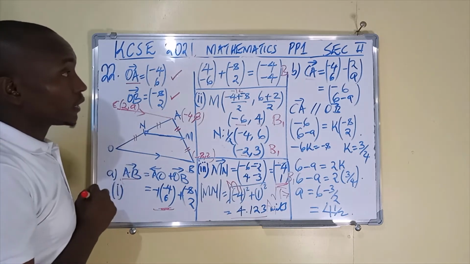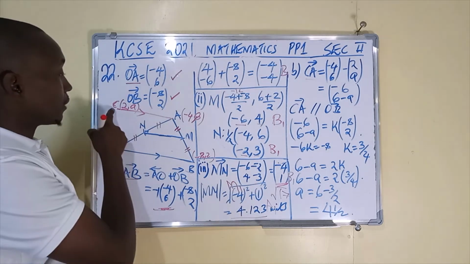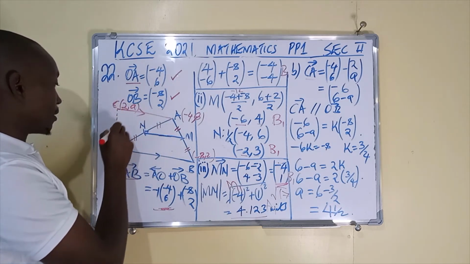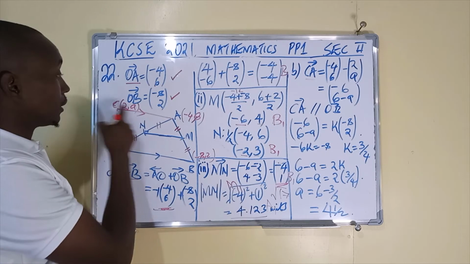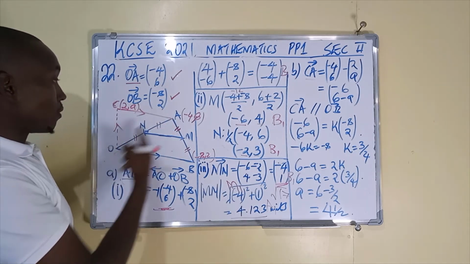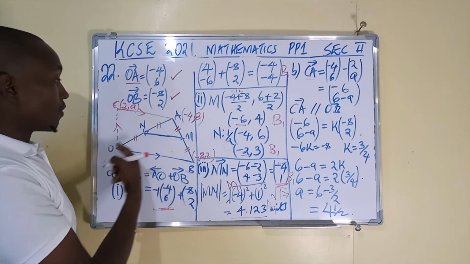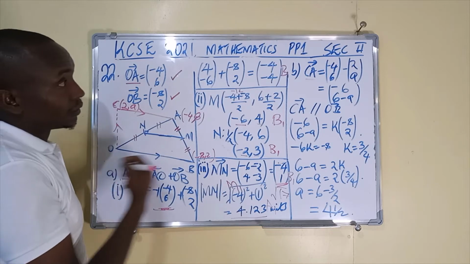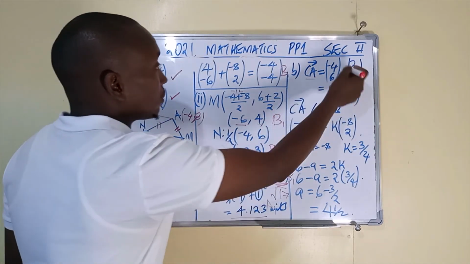So what exactly should I do? I can express the vector CA. If I have this, I need to get the vector CA. I'll do CO plus OA. So it's the same as having vector A subtract C. That is A minus C. And that's all that I've done.